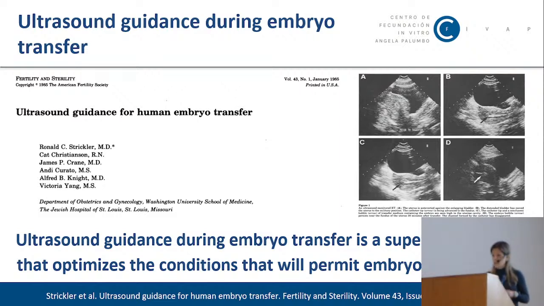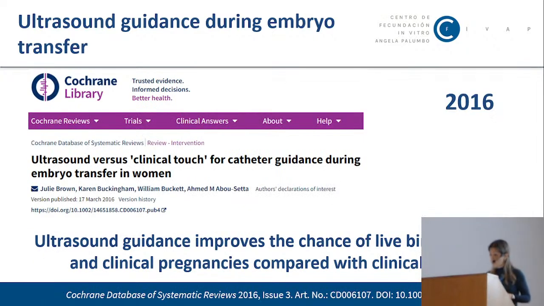After Strickler's paper, many publications have addressed this issue, but it was not until 30 years later that a consensus was reached. In this Cochrane systematic review from 2016 that included 21 randomized controlled trials, they concluded that ultrasound-guided embryo transfer improved clinical pregnancy rates compared with clinical touch.